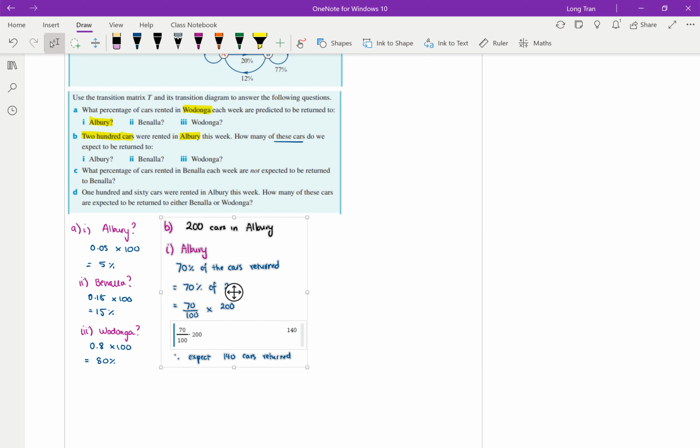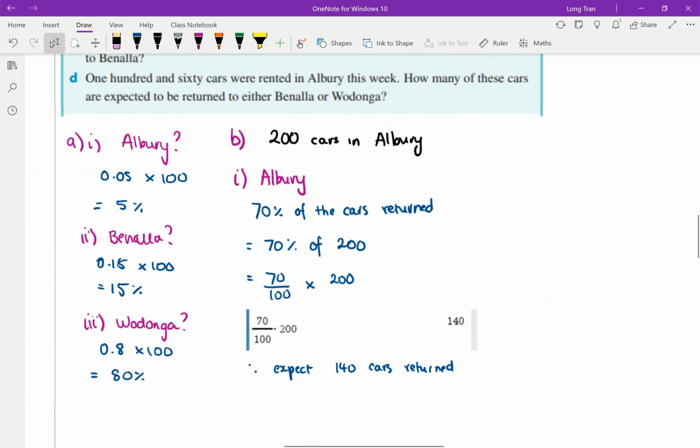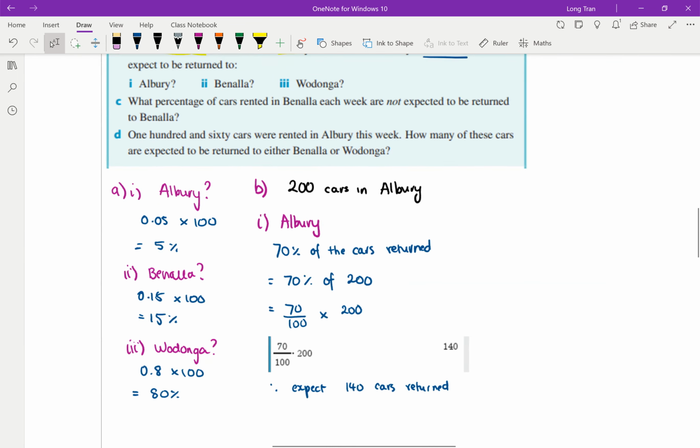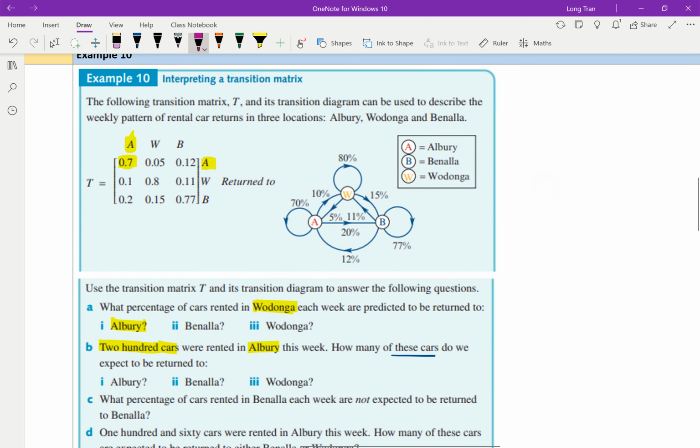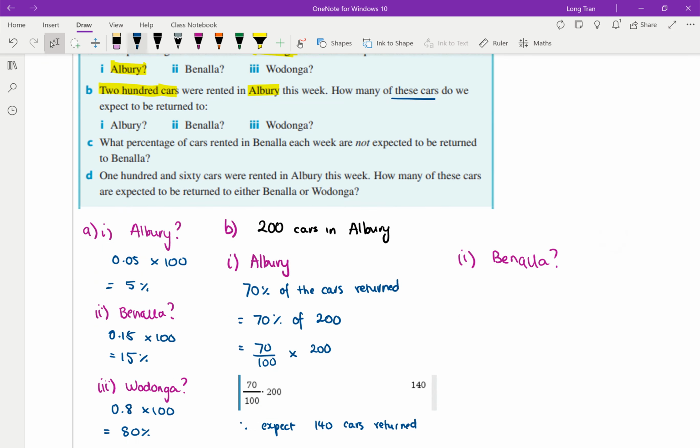There we go. All right, so we're now up to part double I, so returning back to Benalla. So now, if it was borrowed from or rented in Albury, how many of those cars will we return to Benalla? Well, again, same thing. Look at the transition matrix. So from Albury and then return to Benalla is 20%. So essentially here is very similar to what we were doing before.